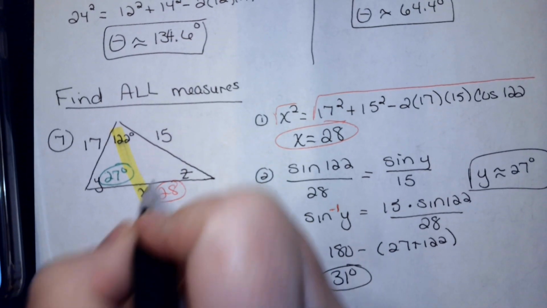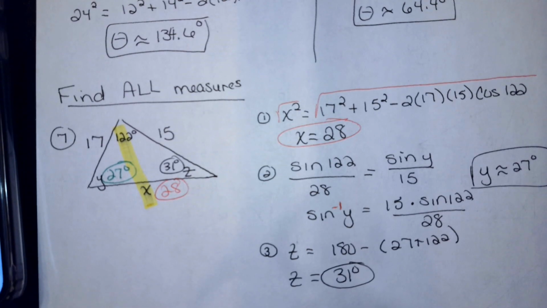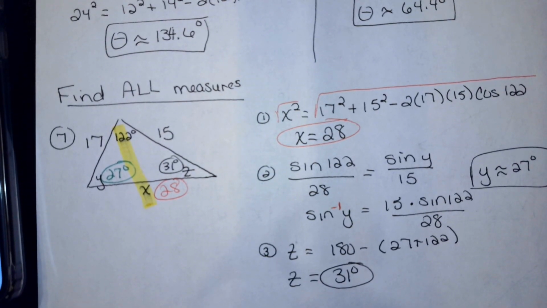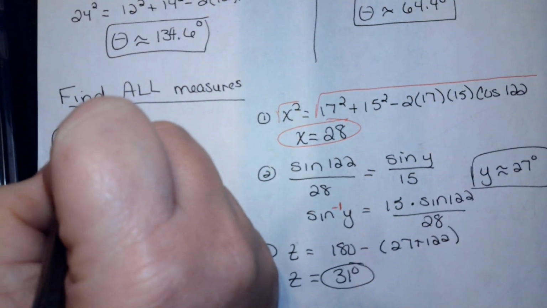So Z is equal to 31 degrees. And this scenario right here was a side angle side.